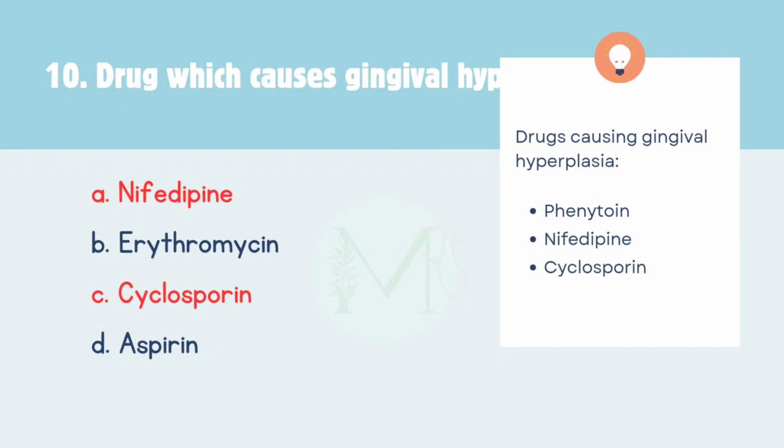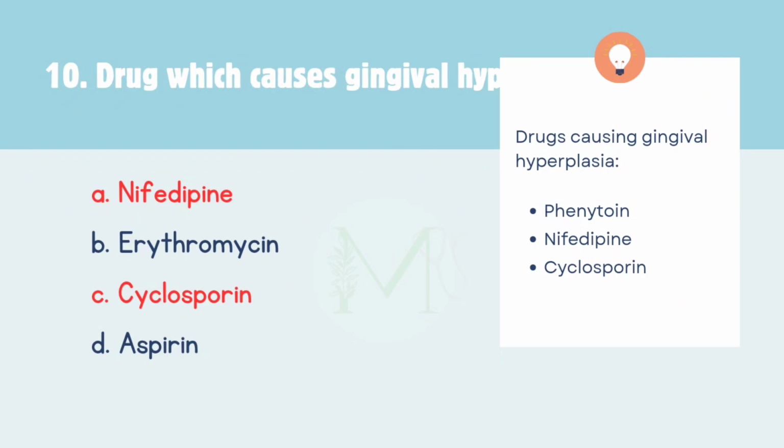Three major group of drugs which are known to cause gingival hyperplasia are calcium channel blockers, example nifedipine, immunosuppressants, example cyclosporin, and anticonvulsants, example phenytoin. So let's move on to the option. Nifedipine is a calcium channel blocker used for hypertension and angina. It leads to gingival hyperplasia due to its effects on fibroblast in the gingiva.